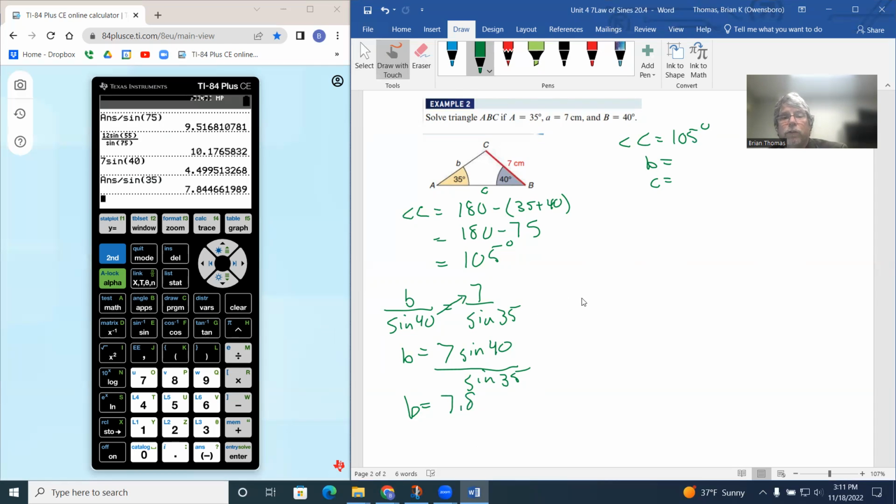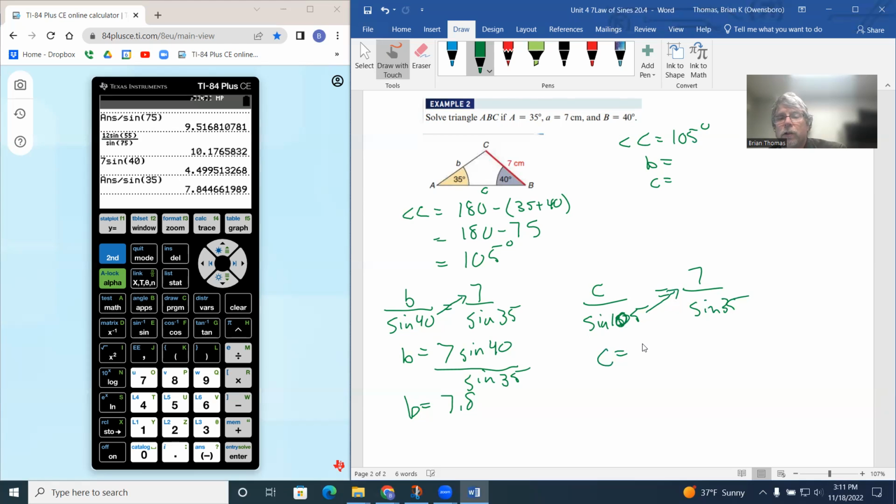So now if we're looking for C, that's going to be C over the sine of 105. And that's going to equal, and let's keep that A relationship going because it's known to begin with, 7 over the sine of 35. Again, we just want to multiply that one diagonal.